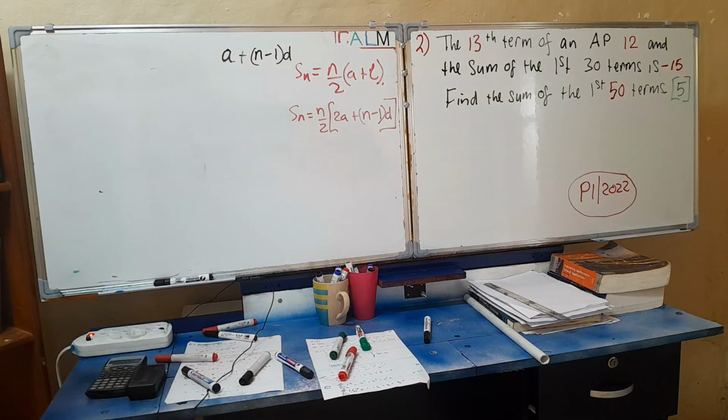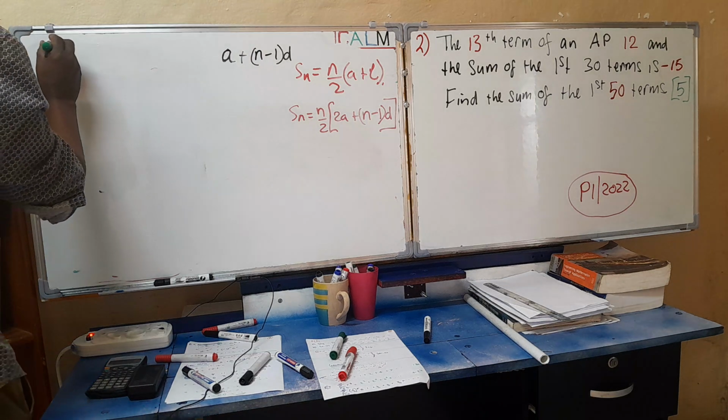Now let's read again the question. The 13th term of an arithmetic progression is 12, and the sum of the first 30 terms is minus 15. Find the sum of the first 50 terms. The first piece of information that we have is that the 13th term is 12. What is the 13th term?